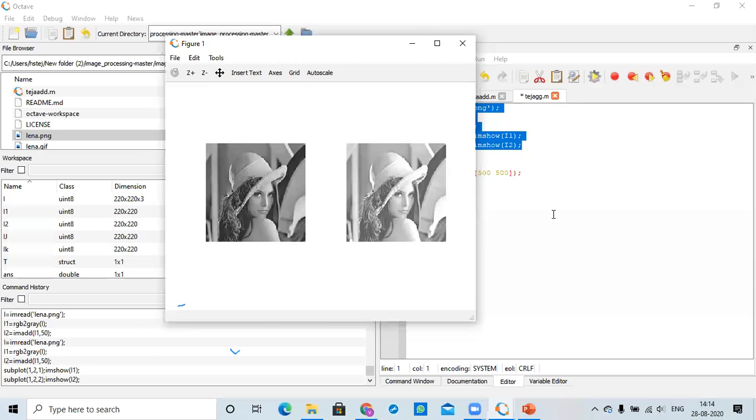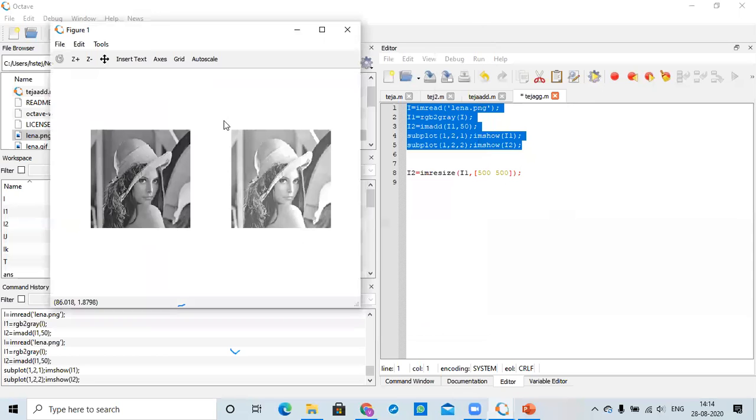You see the difference. The first picture is the normal one, and after adding certain pixel values it has become like this. The first picture is a gray image, and in this one the intensity has been increased. Now you can notice that on the hat of Lena, it is a little bit darker compared with this.